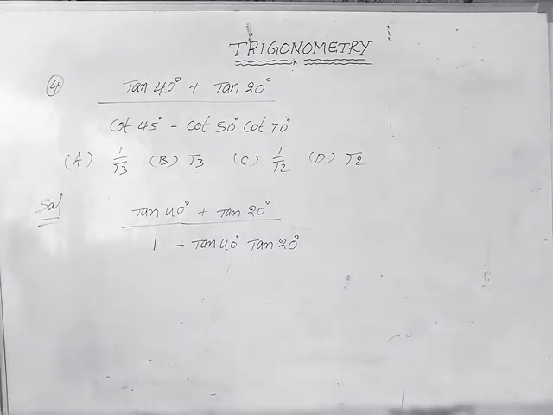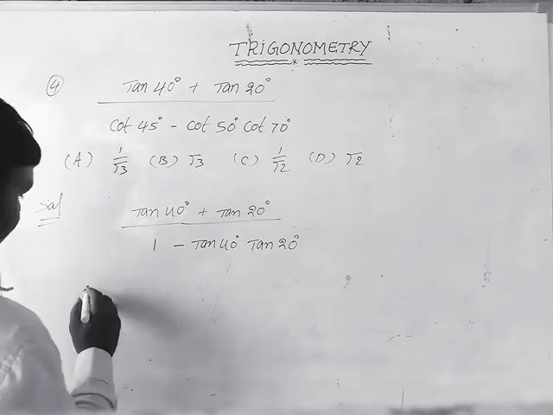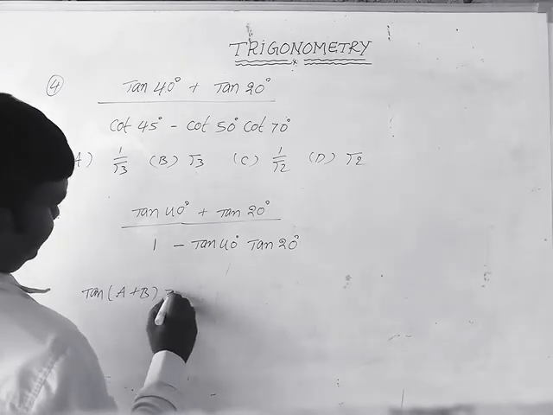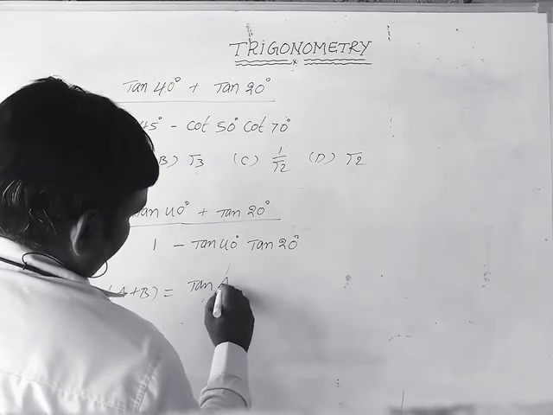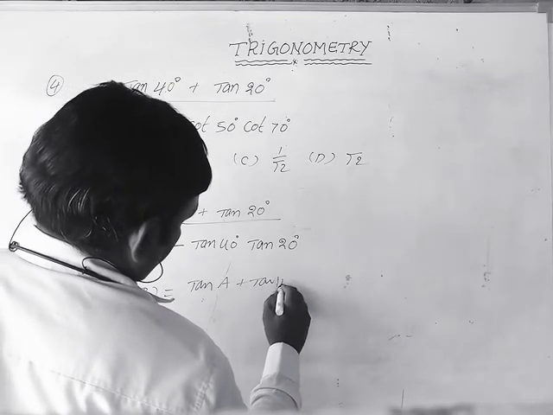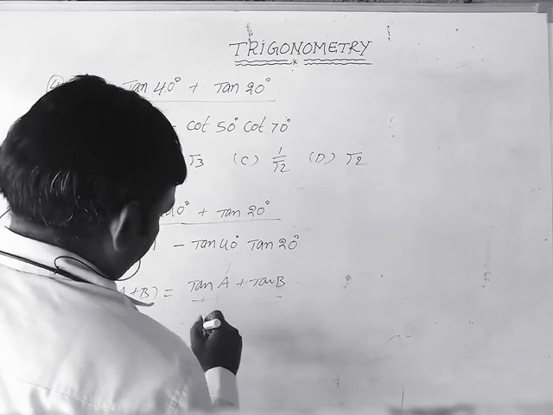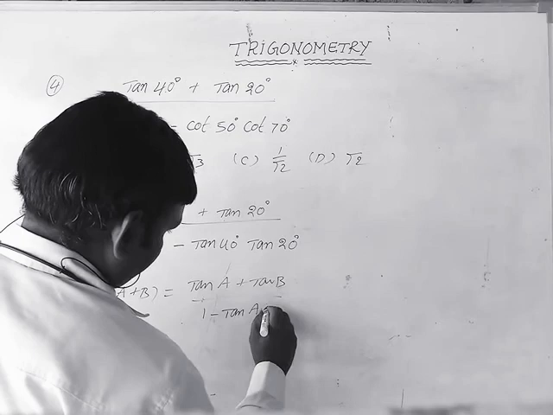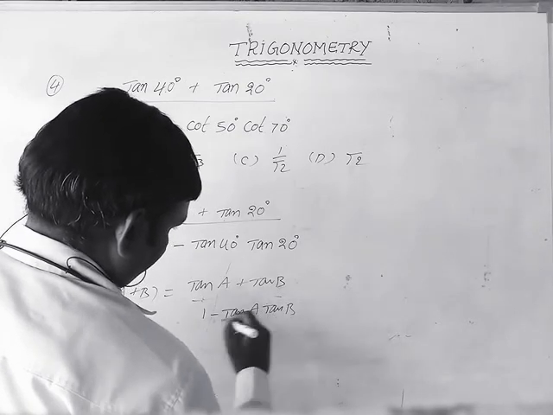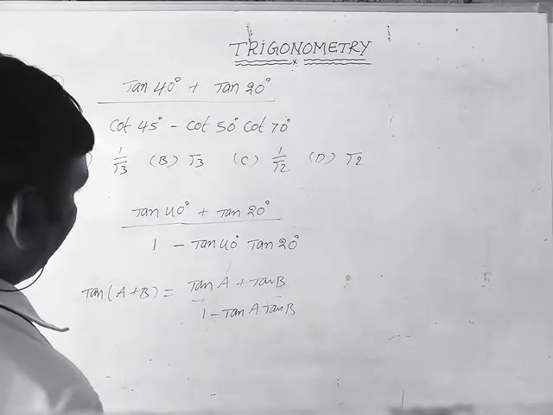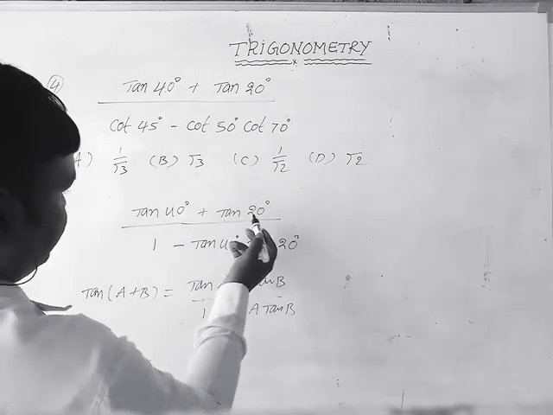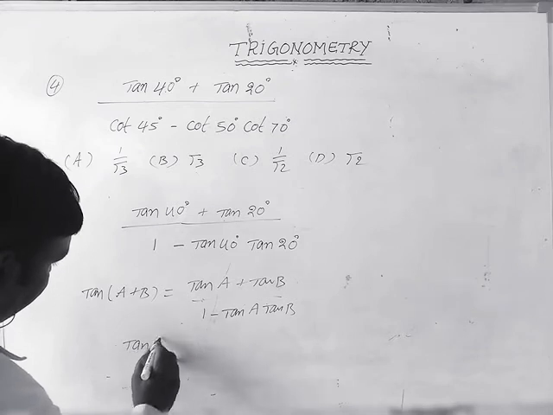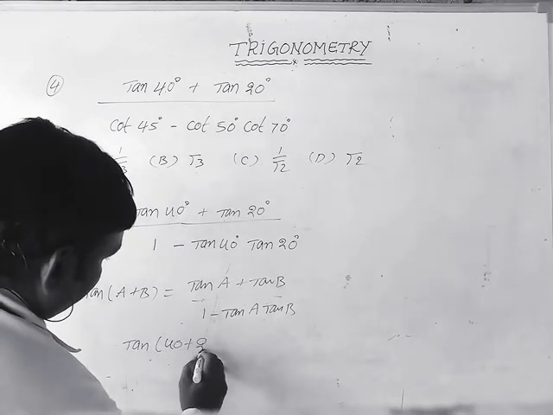Okay, right. So now we can apply the formula of tan A plus B is equal to tan A plus tan B by 1 minus tan A tan B. This is tan 40 plus 20.